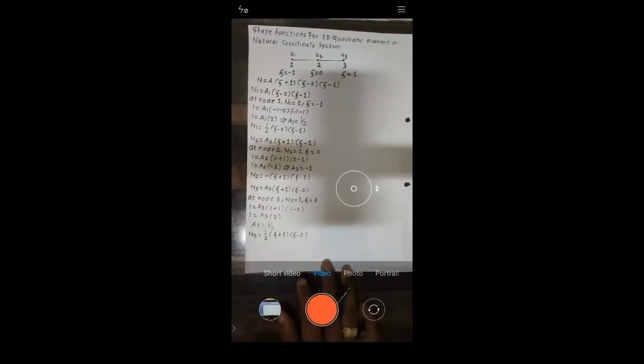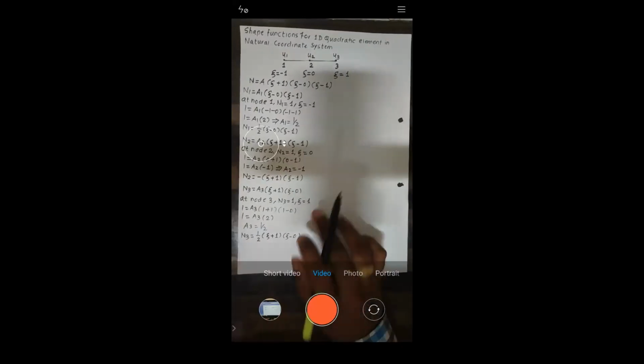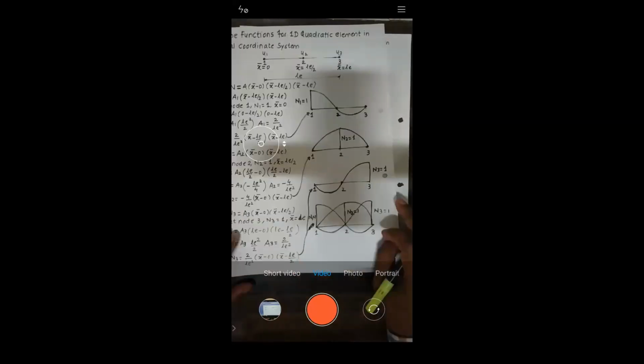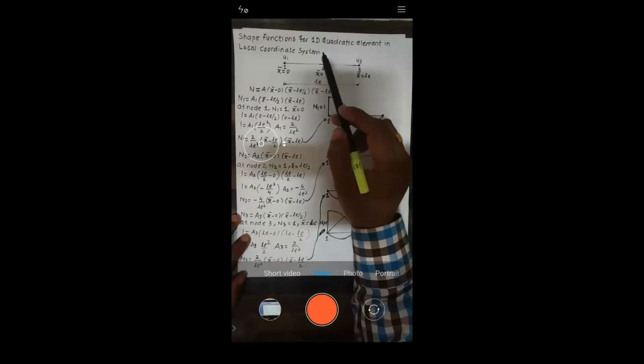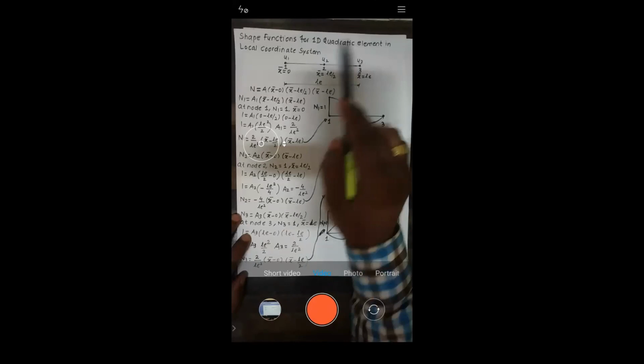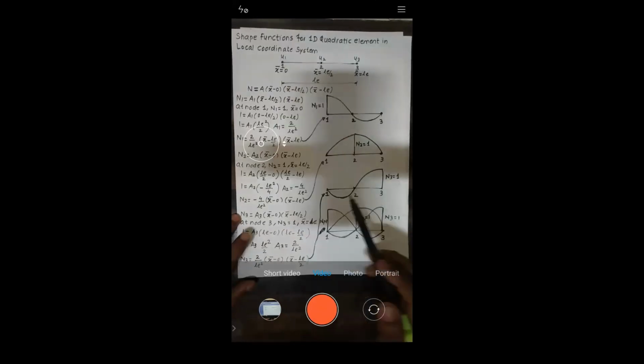Yes, understood. Okay, so see what we have done: we have put the different values of zeta and we got these shape functions. In the previous derivation, where we derived the shape functions for the same quadratic element in the local coordinate, we had this graph. A similar graph you will get here.